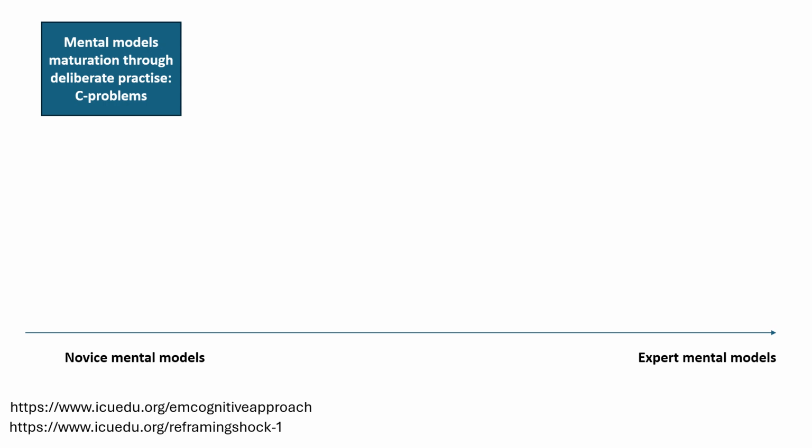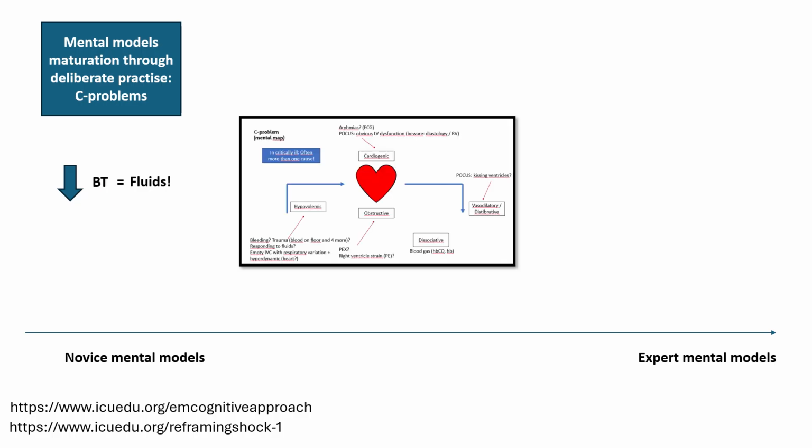So, mental models for C problems. A med student's mental model might be, oh, it's low blood pressure, give fluids. The next mental model might be: okay, is it low blood pressure? It might be hypoperfusion. If it's hypoperfusion, then it's shock, and you have to assess: is it hypovolemic?